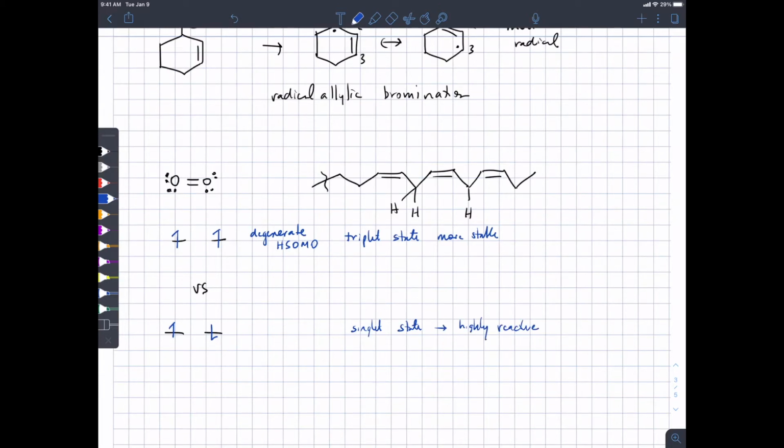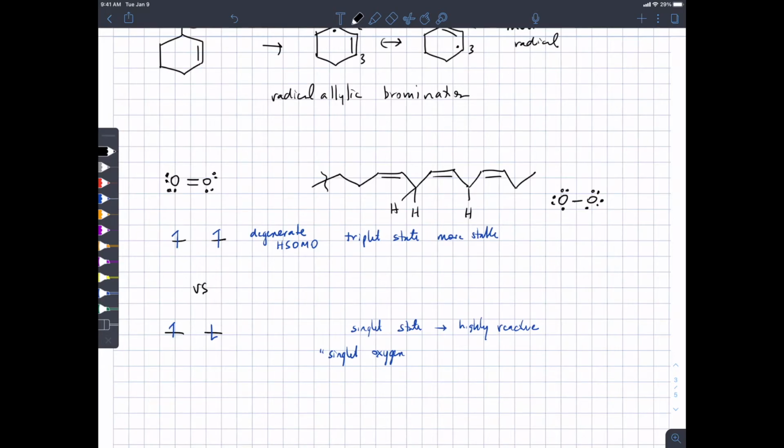So you will sometimes hear people talk about singlet oxygen. And singlet oxygen you can think of as a very reactive diradical. This doesn't quite capture it. It's hard to capture with a Lewis structure.